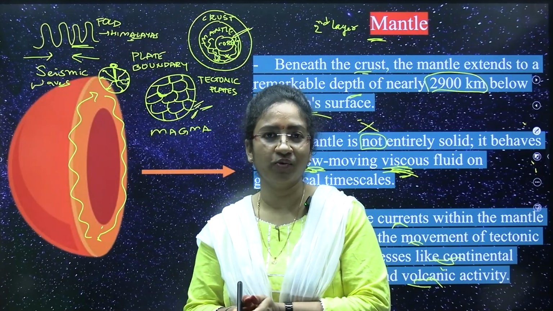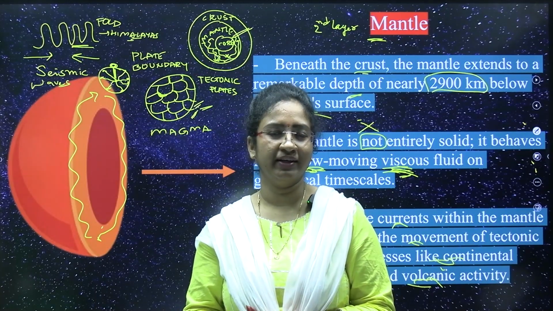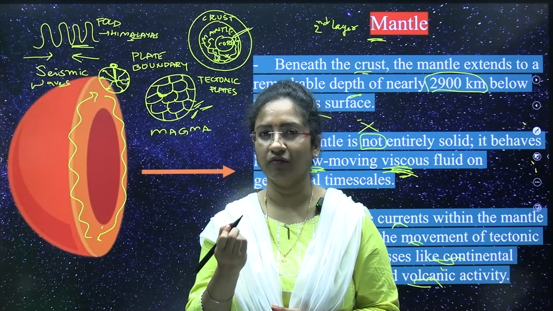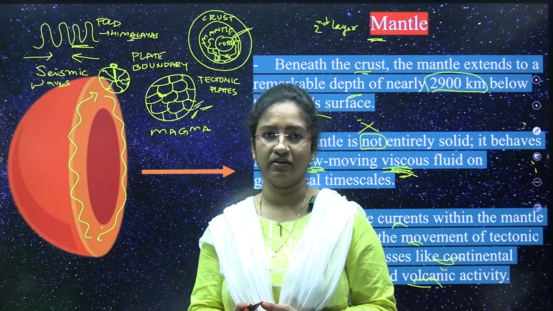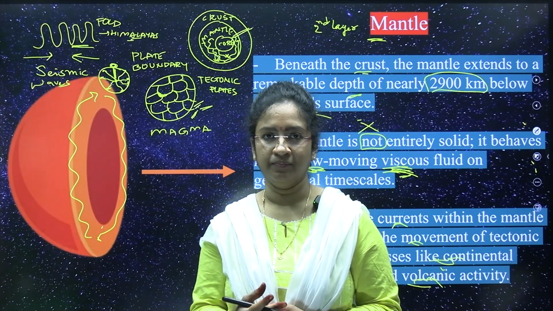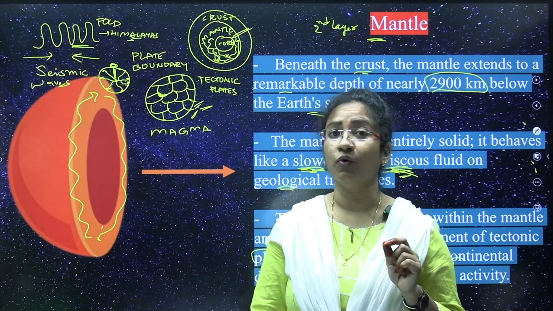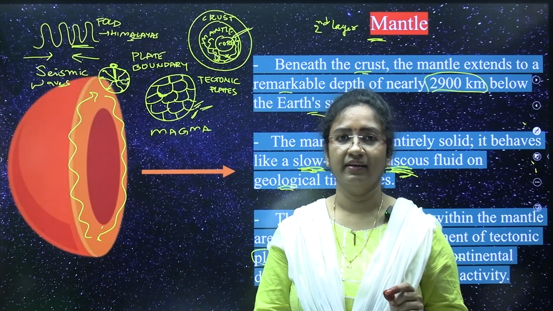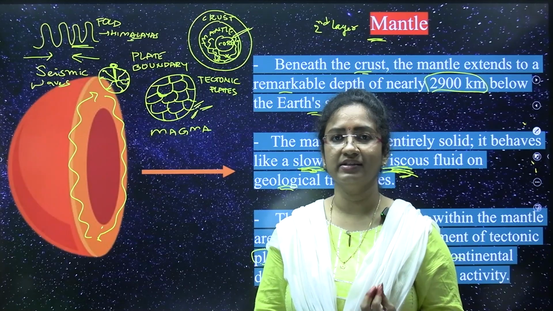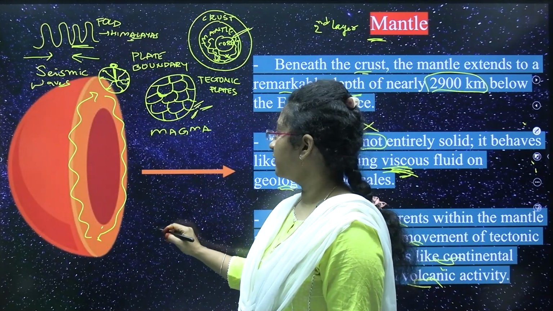To get that freedom, it is waiting for one single vent or opening on the earth's crust, and through that opening it will come out to the surface. So this is what leads to the formation of a volcano.